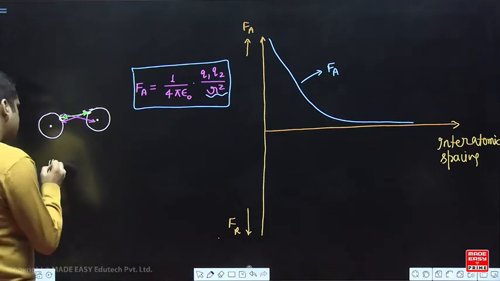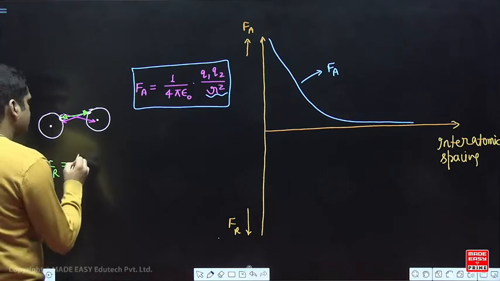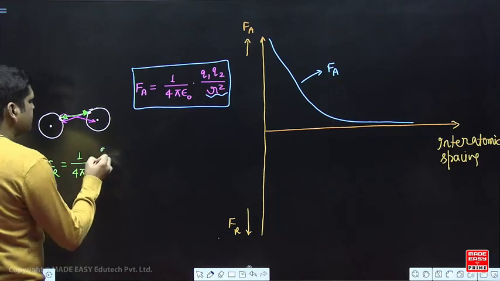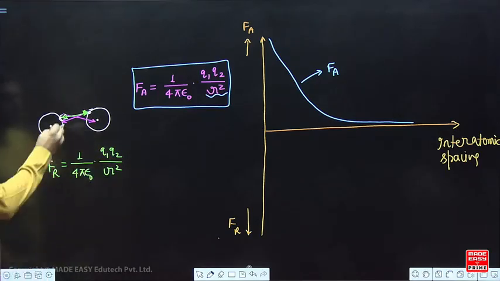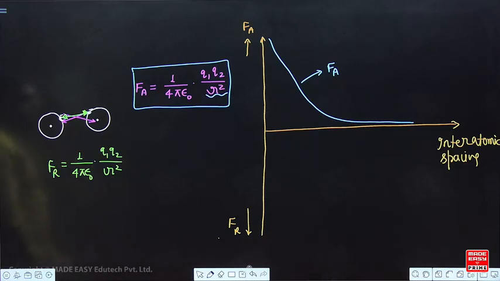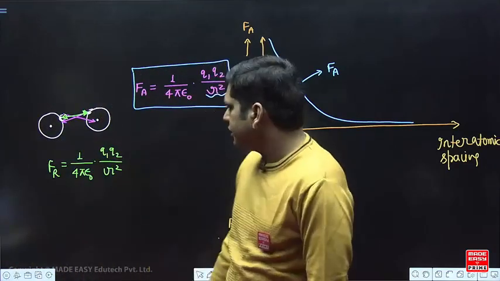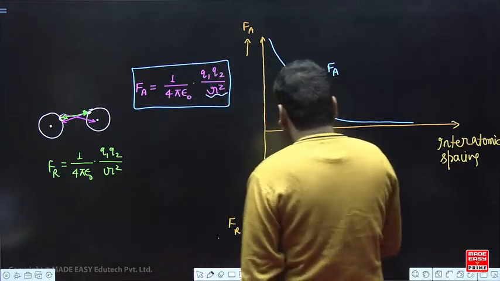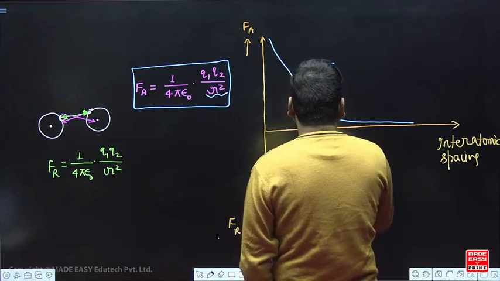So, some repulsive force will also start working on these two atoms, and that can be also given as 1 by 4 pi epsilon naught q1 q2 r square. Although it would be between the same types of charges, so magnitude wise the nature of the force is just like attractive, but sign wise they will be opposite. So, let us suppose repulsive force is working like this.